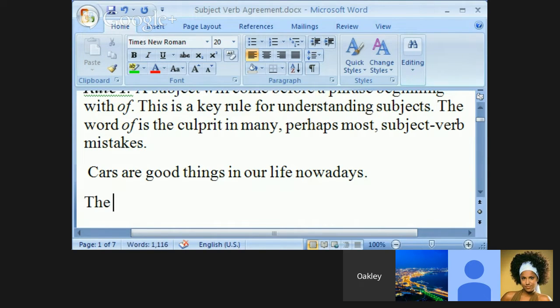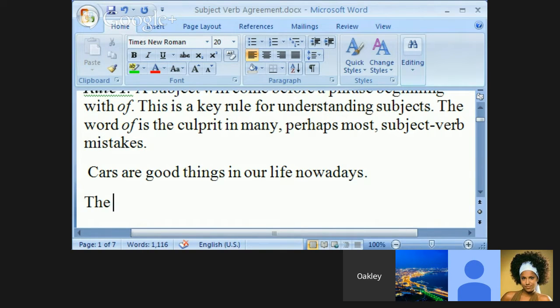And then it's going to be either some kind of container, the bag of, the basket of, the container of, the can of, the desk drawer of, okay? Or it's going to be a collective noun, like the family of idiots, the group of people. So that's the idea. Basically, either a collective noun or something that holds many things would be what we're looking for.